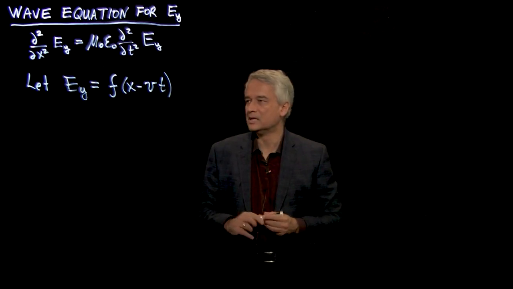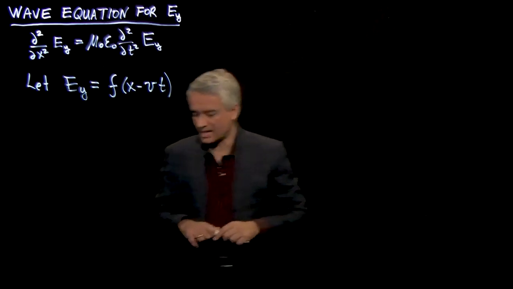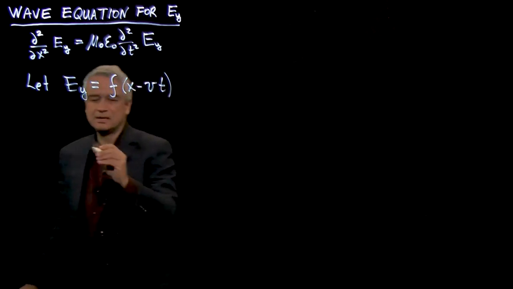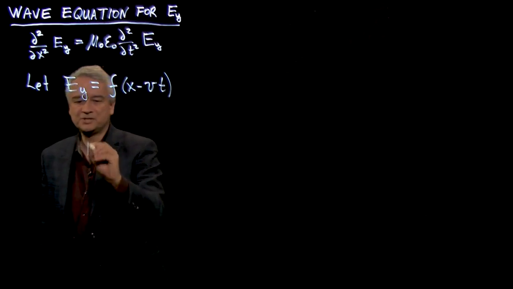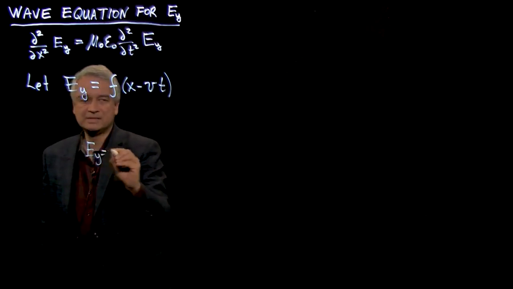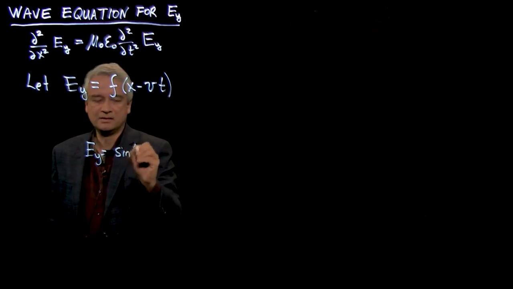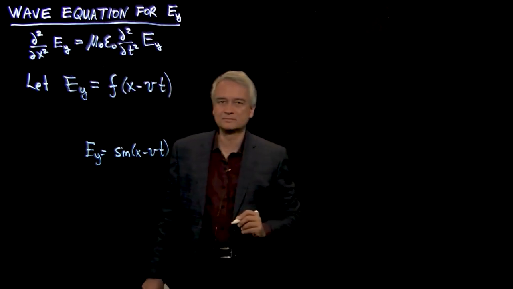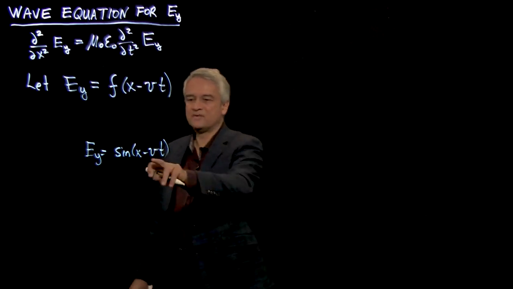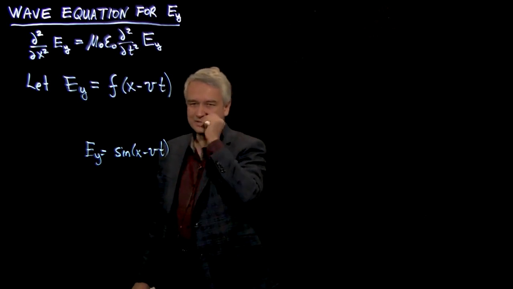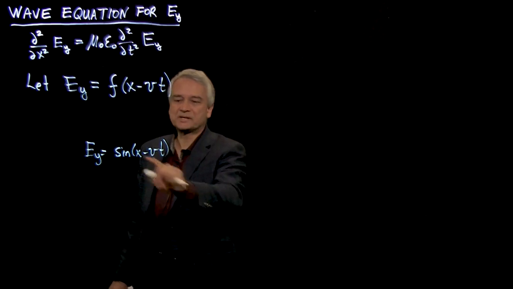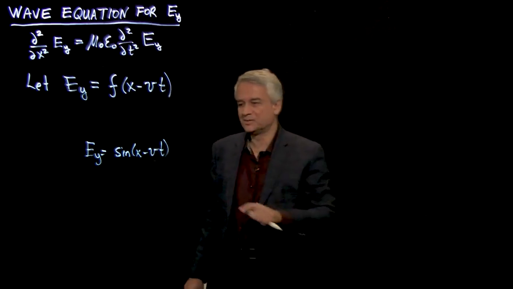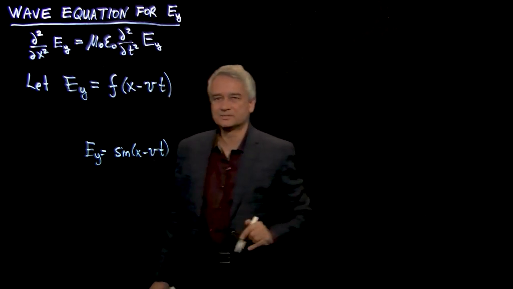If I choose EY to be the sine of x minus vt, it's going to satisfy the equation. Well, I better tell you what v is. There might be something to talk about there. But for a particular choice of v that we're going to get to very soon, this will satisfy the equation.